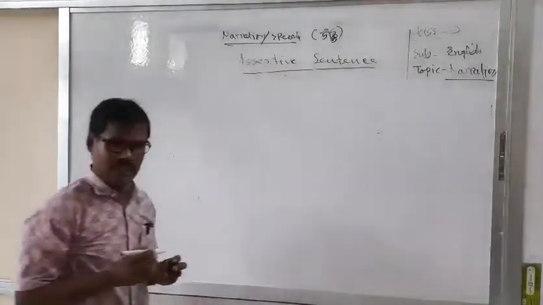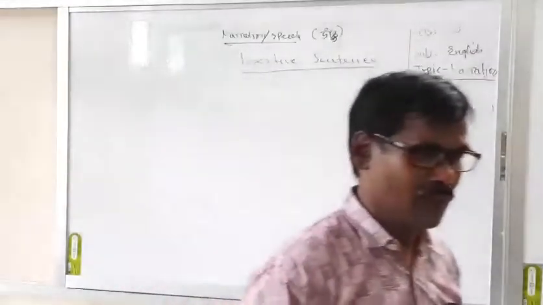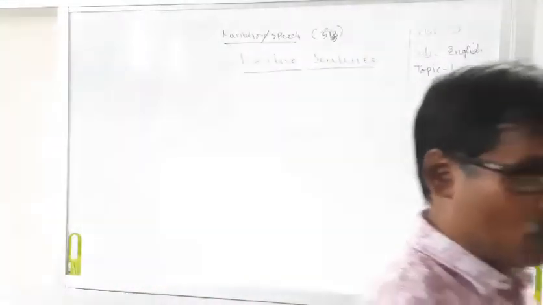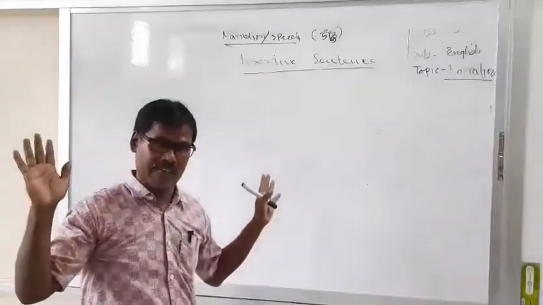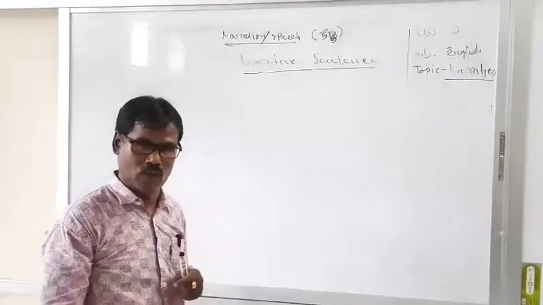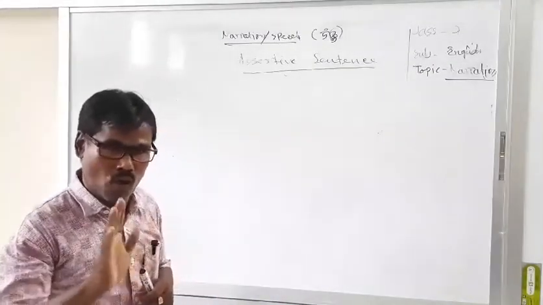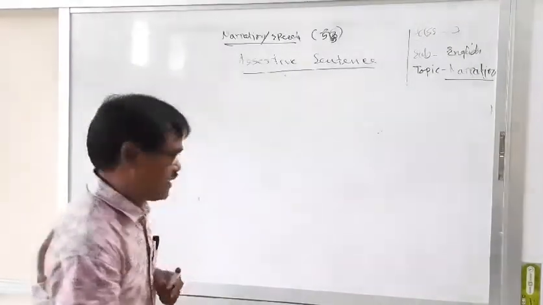Assertive sentence structure is known to all. I should not discuss the assertive sentence. You have learned earlier about the structure of the assertive sentence. So, I do not need to describe it.